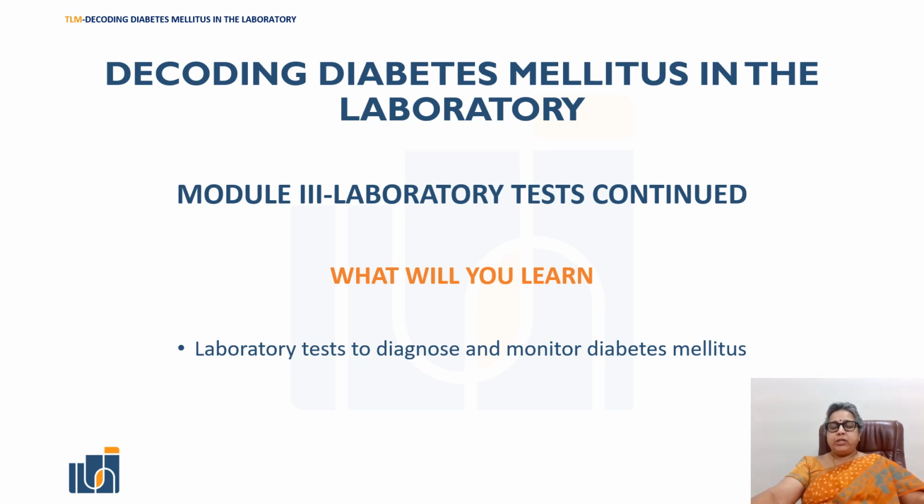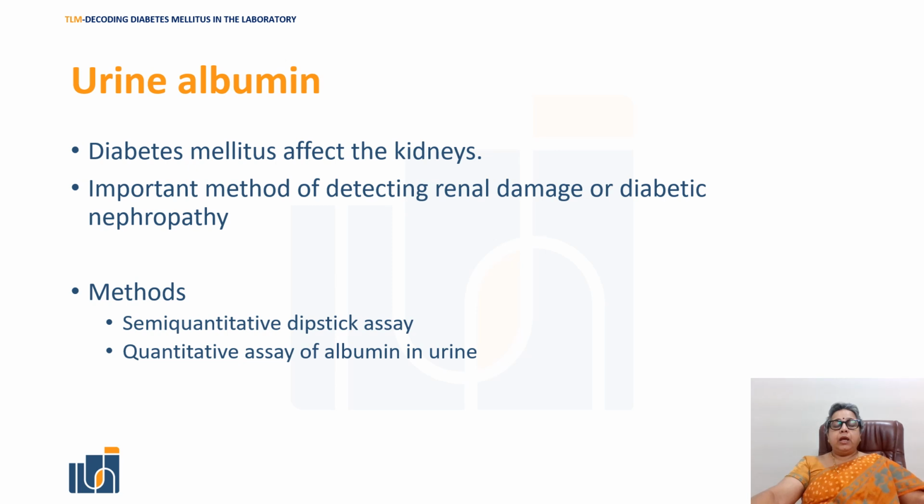In this module, we shall continue with the various tests that are used to diagnose and monitor diabetes mellitus. We come to one of the most important tests, which is urine albumin.